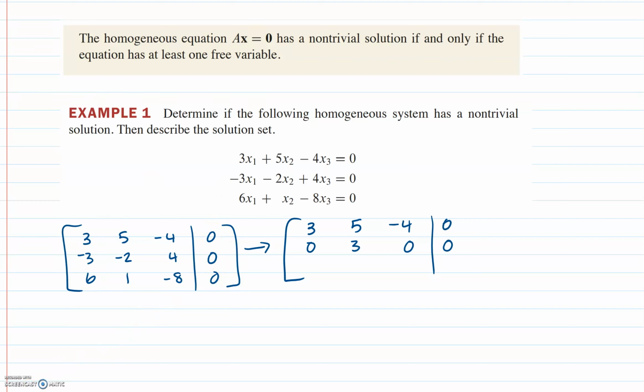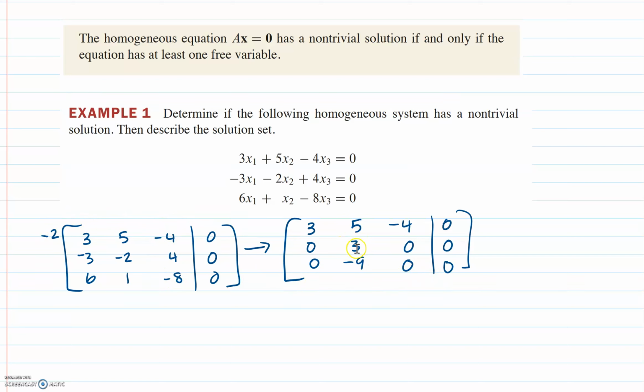To get my third row, I'm going to take negative 2 times row 1 and add it to row 3. To get 0, negative 10 plus 1 is negative 9. And then we have here 8, negative 2 times negative 4 is 8, plus negative 8 is 0. And then we always have that 0 there. So now I have a new pivot.